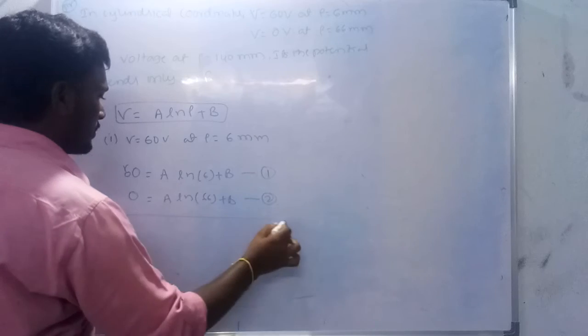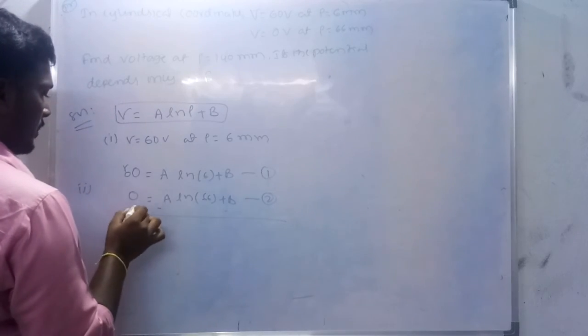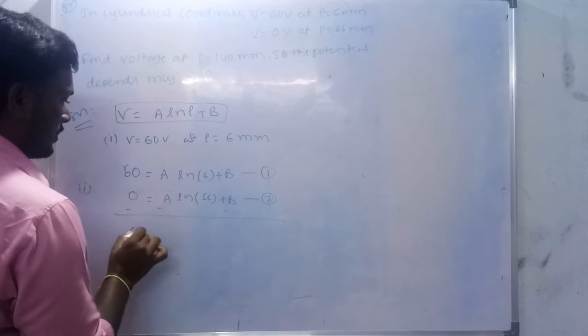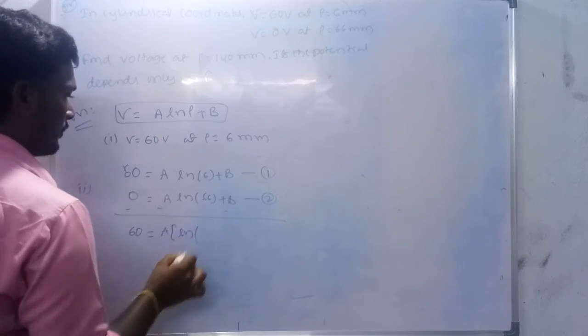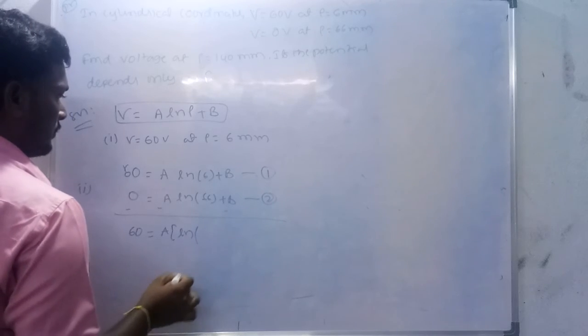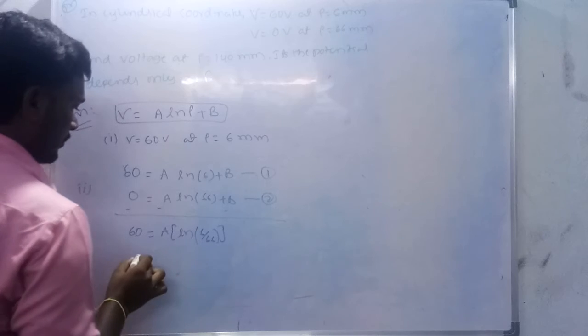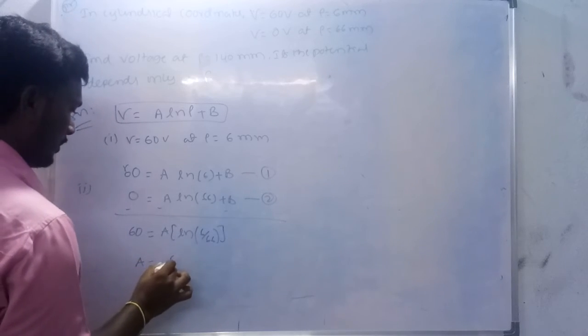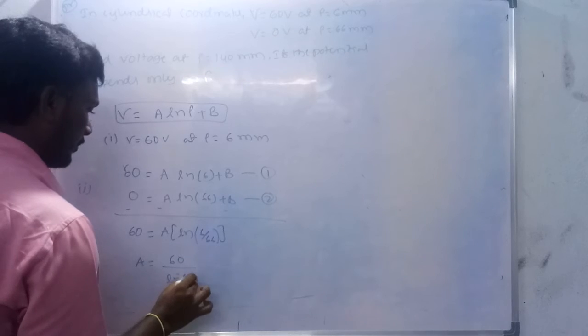Solve these two equations. Subtracting, 60 is equal to A ln of 6 by 66, so A is equal to 60 by ln of 1 by 11.